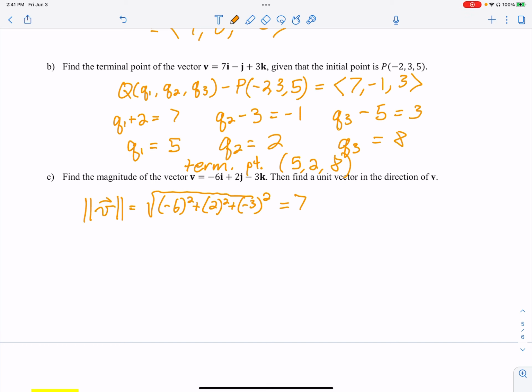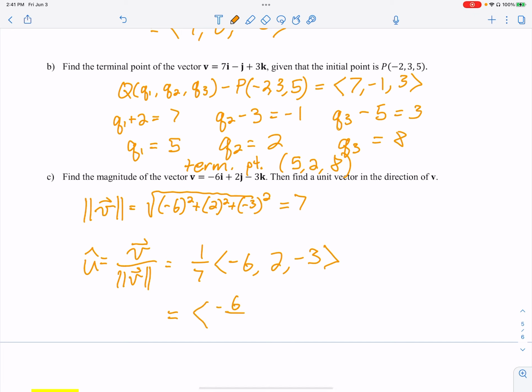Then they want us to find a unit vector. The unit vector is just v divided by its magnitude. So we get 1 over 7 times negative 6, 2, negative 3. And we could go one step further. Negative 6 over 7, 2 over 7, and negative 3 over 7.